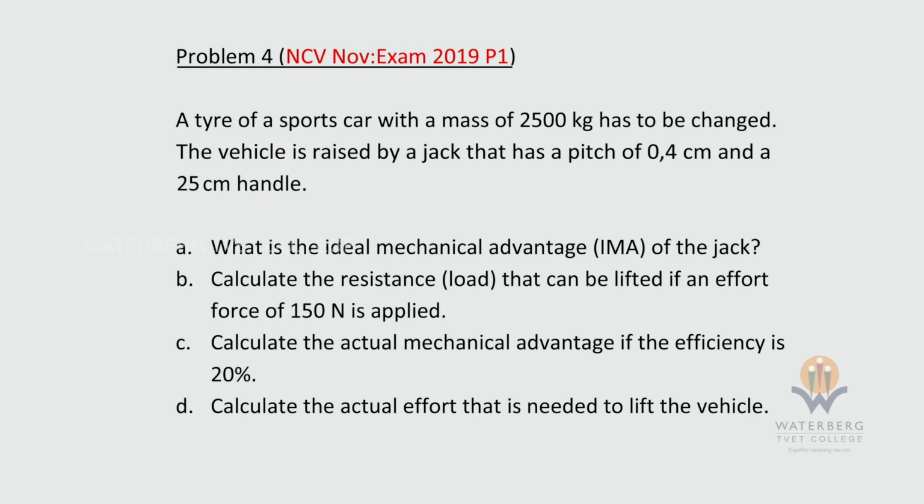First question, what is the ideal mechanical advantage of the jack? Second one, calculate the resistance that can be lifted if an effort force of 150 Newton is applied. Third one, calculate the actual mechanical advantage if the efficiency is 20%. Calculate the actual effort that is needed to lift the vehicle.